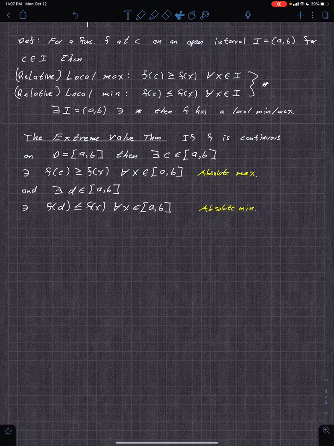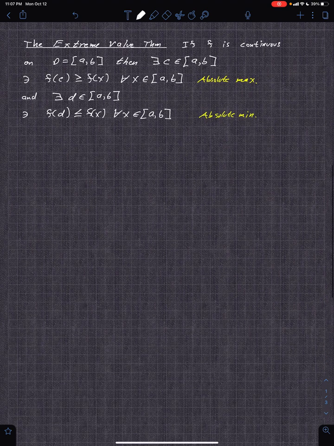Okay, and that's what we mean by absolute minimum. So the basic idea is, for a continuous function on a closed interval, there exists a max or min. And I like to write that down.